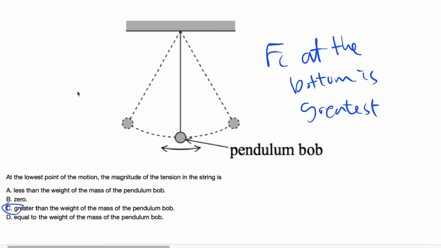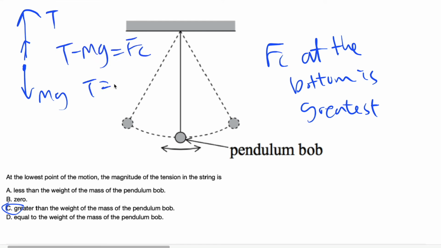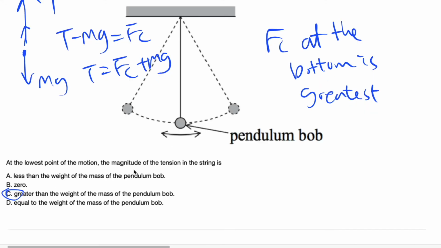This is because at the bottom you receive a force of gravity and the tension, right? And T minus mg is equal to centripetal force. So T is equal to centripetal force plus gravity. So it's definitely greater than the weight of the pendulum bob.